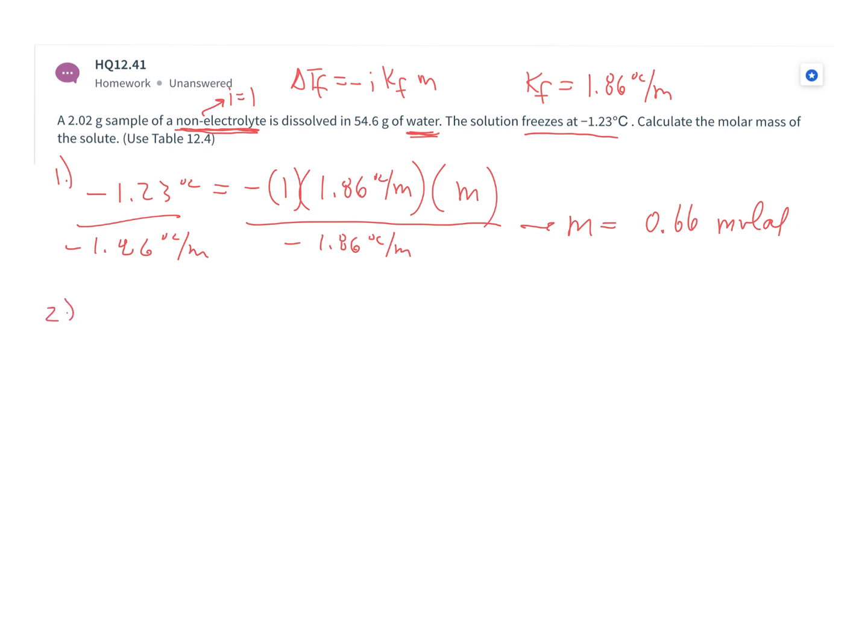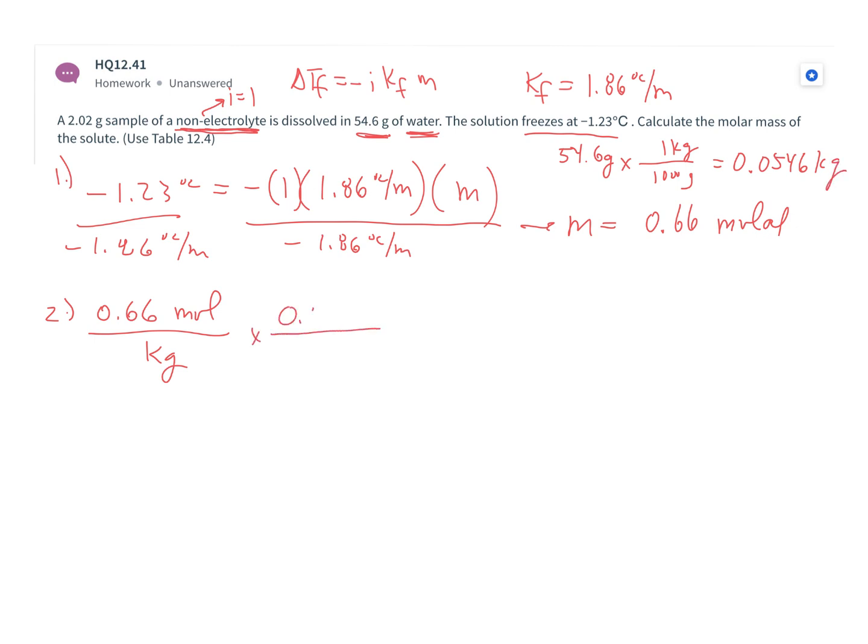And now we can use that to find the molar mass of our unknown, because I know that molal is moles per kilogram of solvent. I have 54.6 grams, and I know that there are 1,000 grams in 1 kilogram, so divide by 1,000, 0.0546 kilograms.